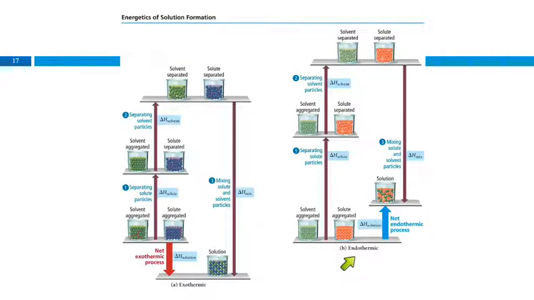In an endothermic situation, we separate the solute, we separate the solvent, but when we mix these together, it does not release as much energy as was put in to separate them, and so the net result is that this absorbs energy from the surroundings. Delta H solution would be positive.